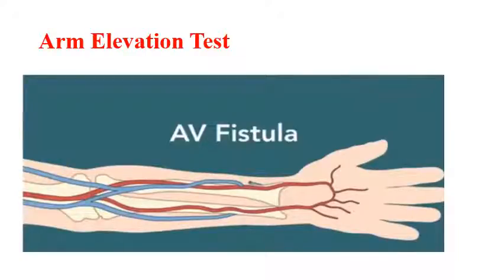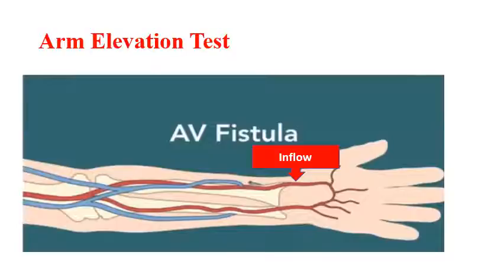After you find the AV fistula, you have to do the arm elevation test. If we see here, this is the AV fistula. It's a connection between the artery, the radial artery, and the cephalic vein at the distal part of the forearm. The artery is the inflow of the AV fistula.